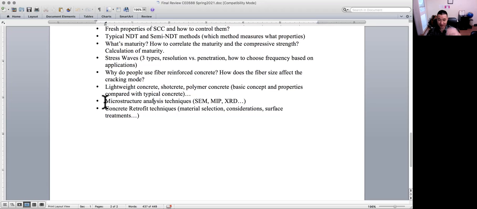And then microstructure analysis. You should know how the scanning electron microscope, mercury intrusion porosimeter, and X-ray diffraction work, and what we can see using these methods for concrete materials.